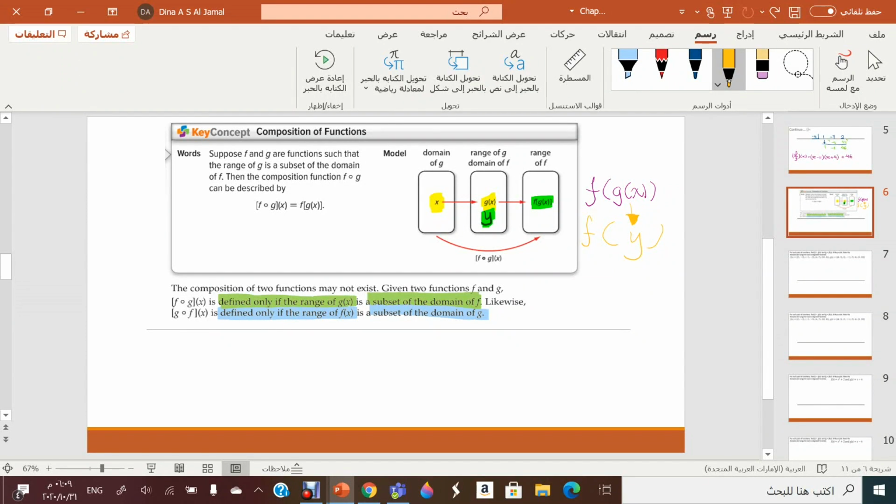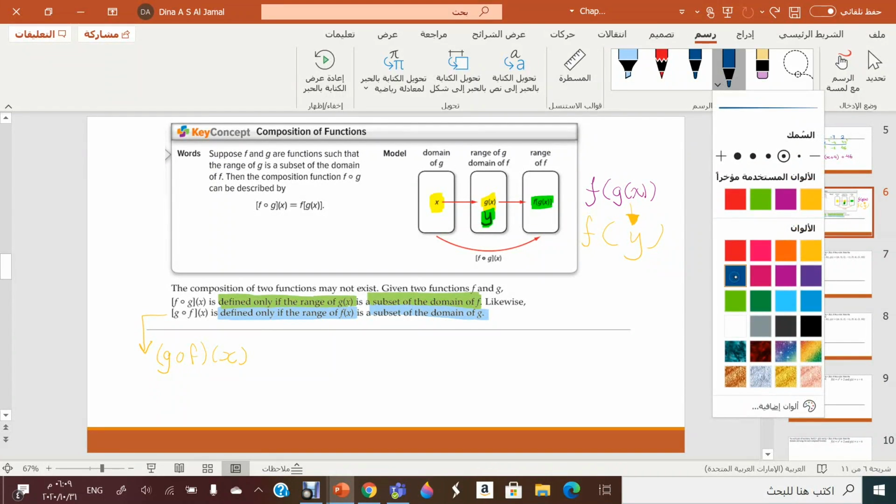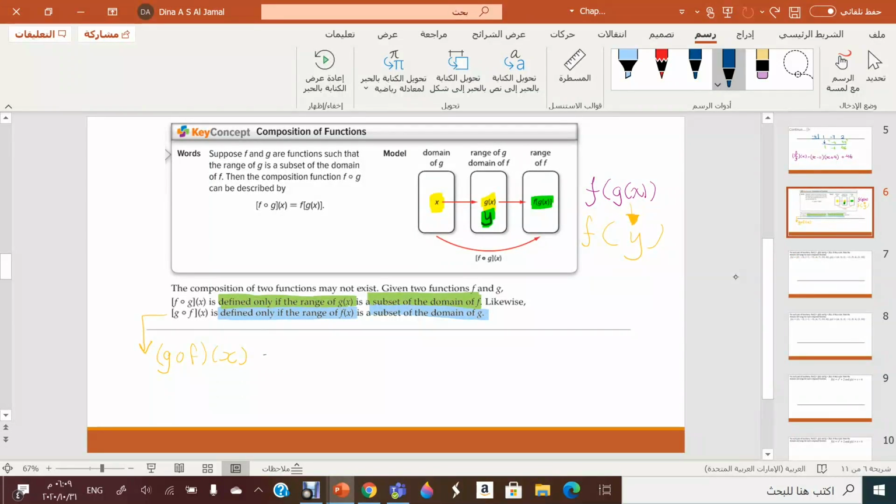Here it was clear for you, but let me explain this one. g o f of x. That means you have g and inside it you will put f of x. So let me explain this further.